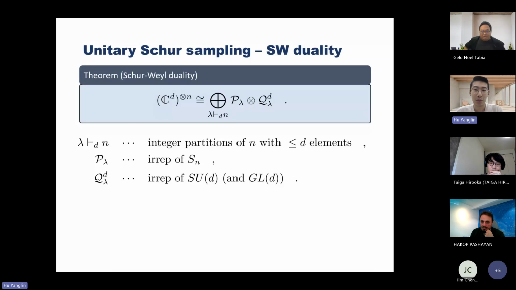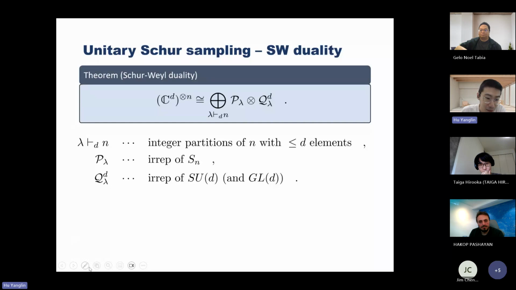Basically, the Schur duality says that the n copies of the Hilbert space is equivalent to the direct sum of a bunch of subspaces, where each subspace is in a tensor product form.